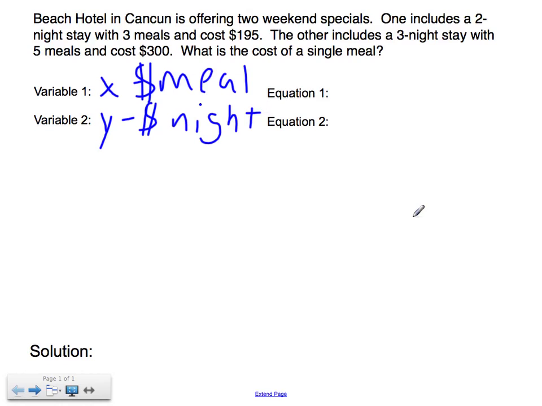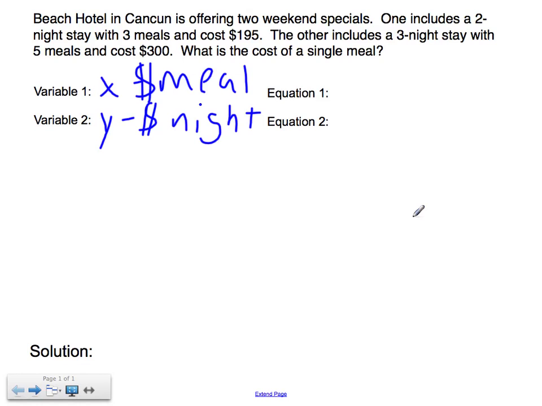Okay, so now once we know what the variables are, we can build equations based on those variables. Obviously your meals will be represented as x, your night stays will be represented as y, and now we just take what we're given in the sentence and put it into an equation.